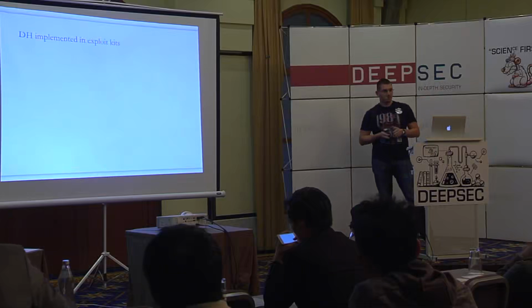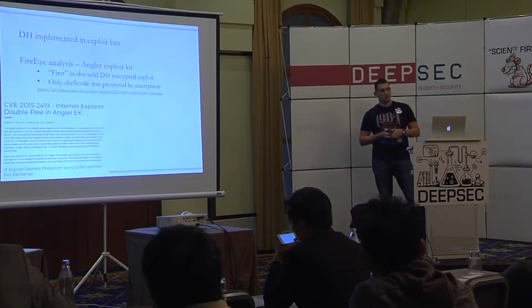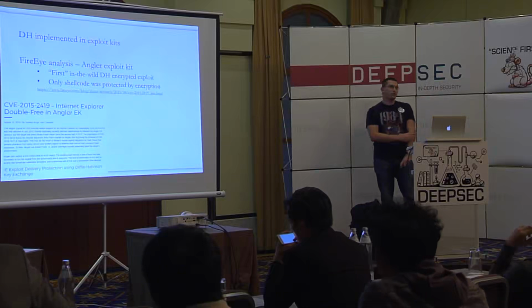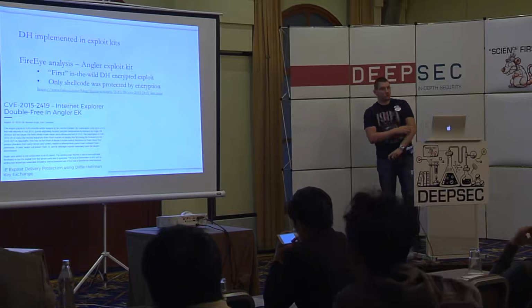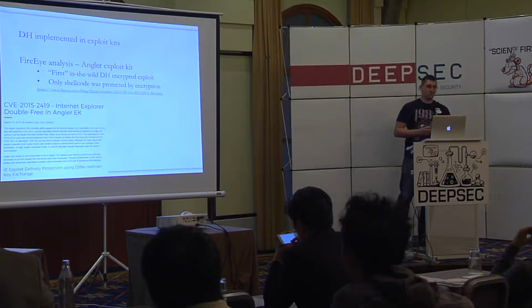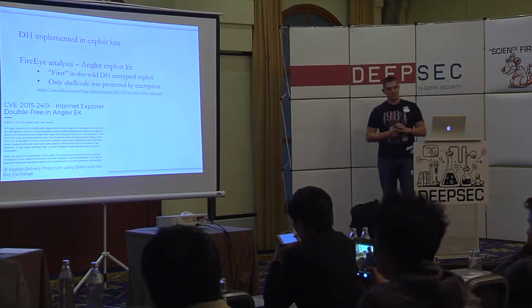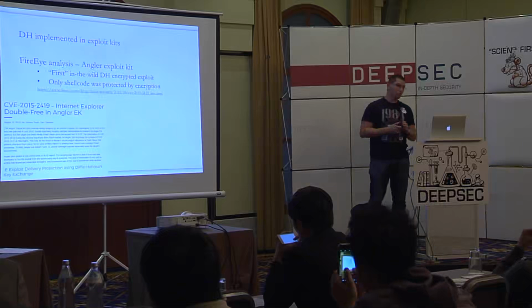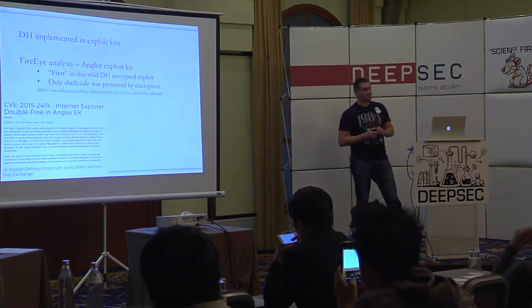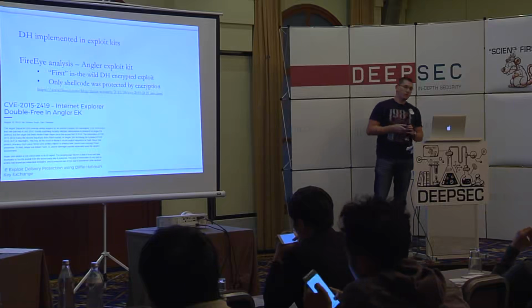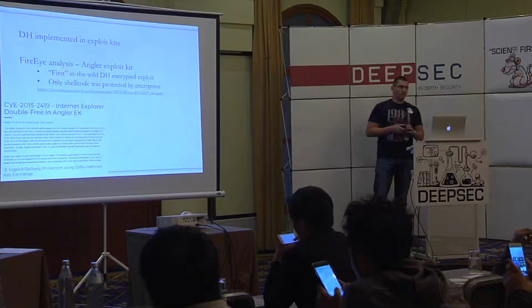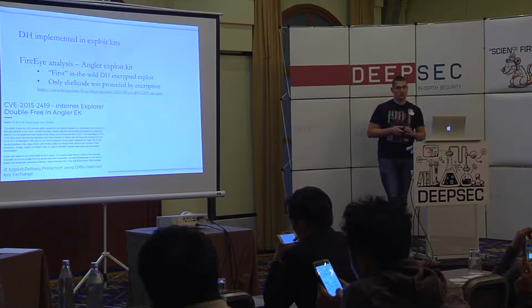And 2 months passed, and I just read in a FireEye paper that attackers started to use Diffie-Hellman encrypted exploit delivery. And I was like, whoa, someone actually read what I just did, and they implemented it. There were some differences in how they did that. First of all, they have used plain Diffie-Hellman instead of elliptic curve Diffie-Hellman.